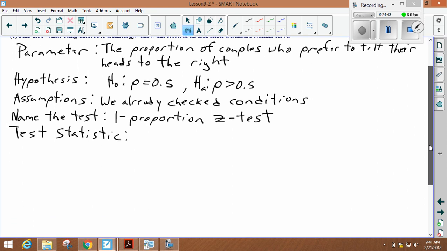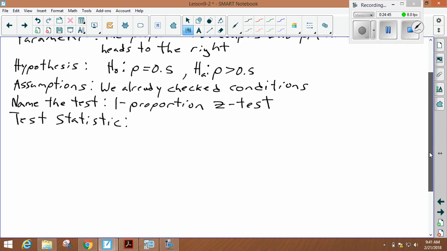In this case, our test statistic is a z-value, since we're doing a z-test. And we're going to use a normal distribution. So we're going to get a standardized z value, and we're going to use our normal distribution in order to calculate a probability. So that's our plan.